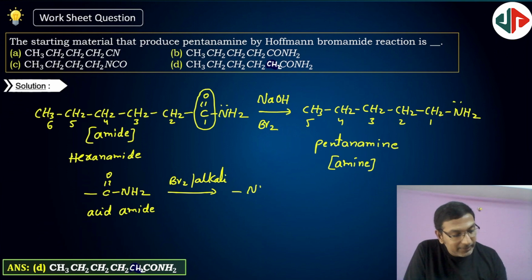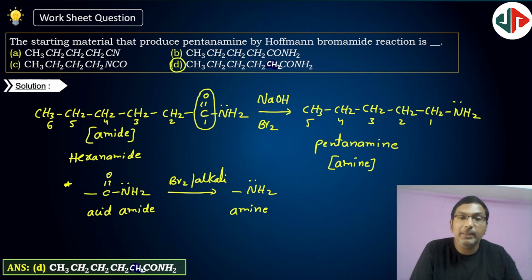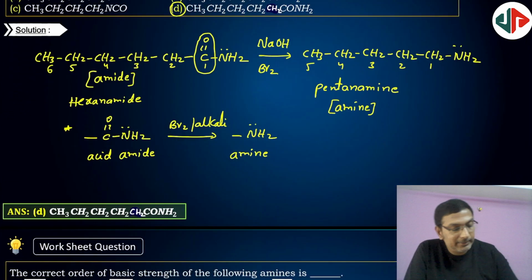It will be converted to NH2, which is amine. This is Hoffman bromamide reaction or Hoffman degradation reaction. See here option D. Hexanamide will give pentanamine. Here CO will be removed in the form of CO2 in mechanism. Next.